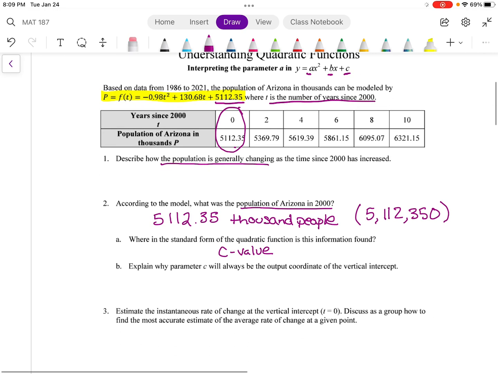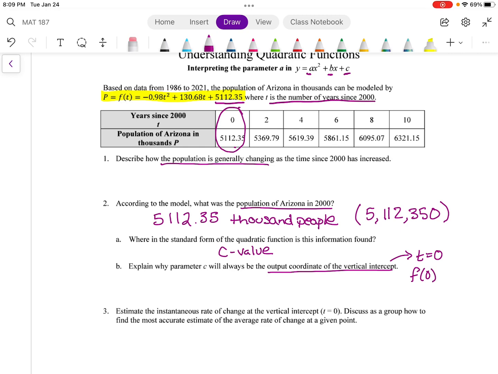Now, will c always be the output coordinate of my vertical intercept? A reminder: the vertical intercept occurs when t equals 0. So it's basically the value of f of 0.